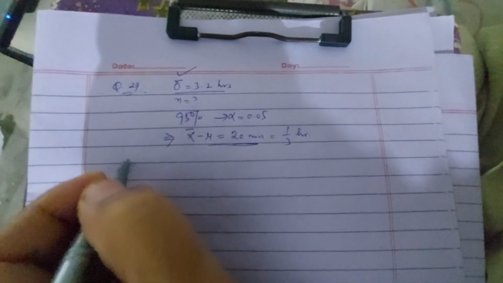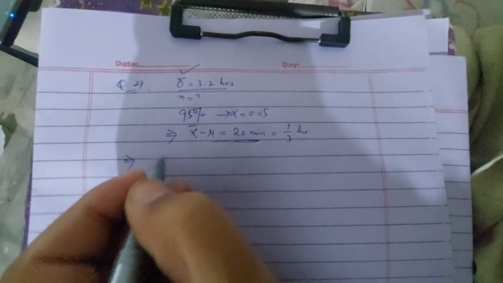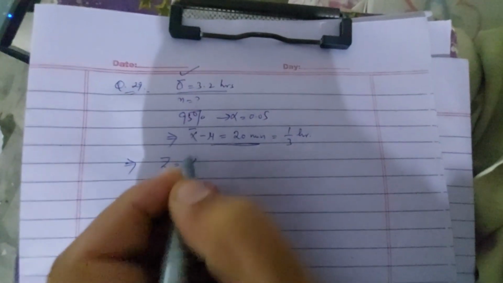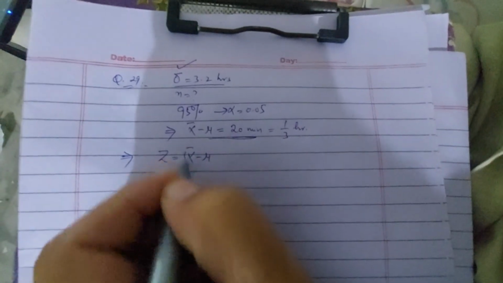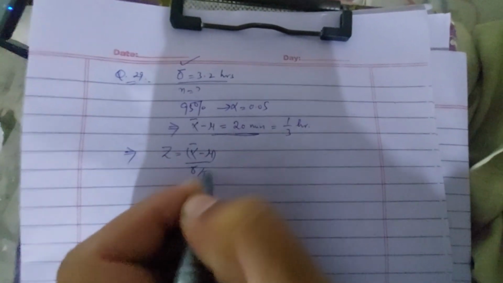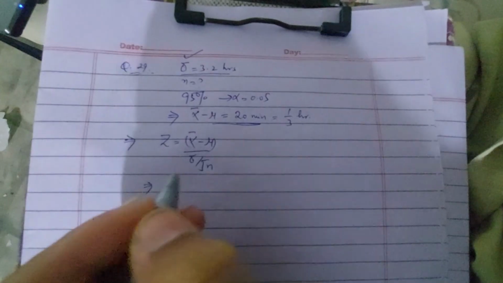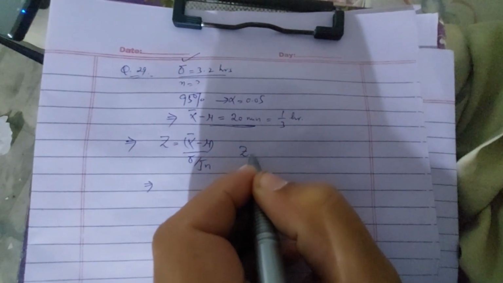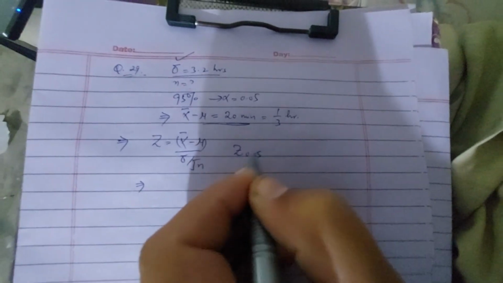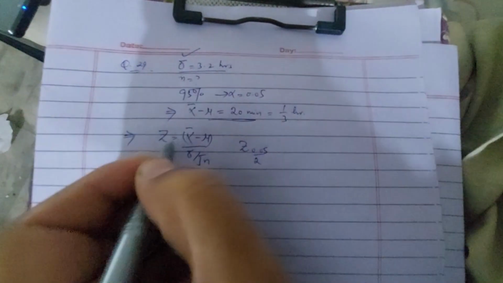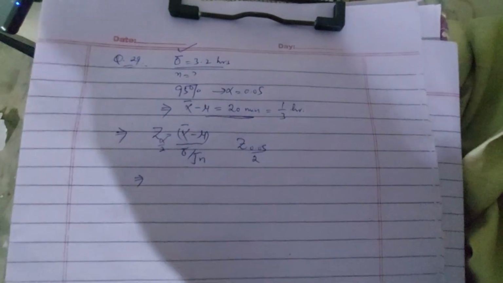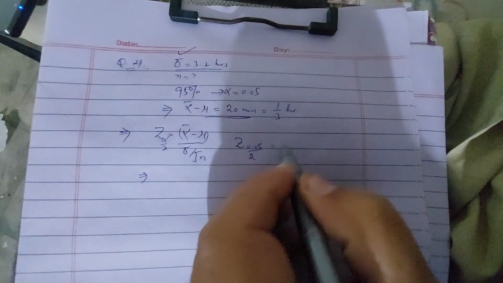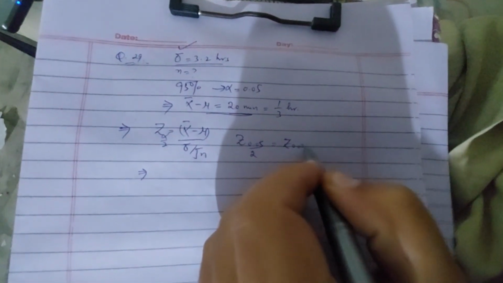Now we know that z is equal to x bar minus mu divided by the standard deviation divided by the root n. The alpha value is 0.05, so we use z of alpha by 2, because it is two-sided, which is equal to z of 0.025.